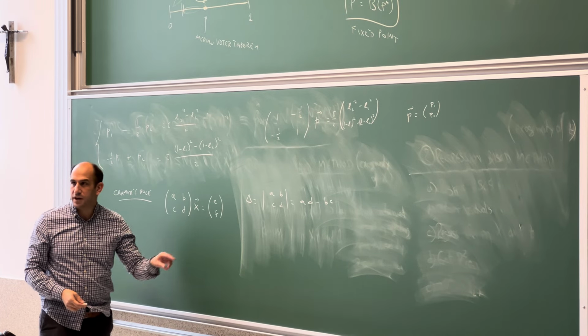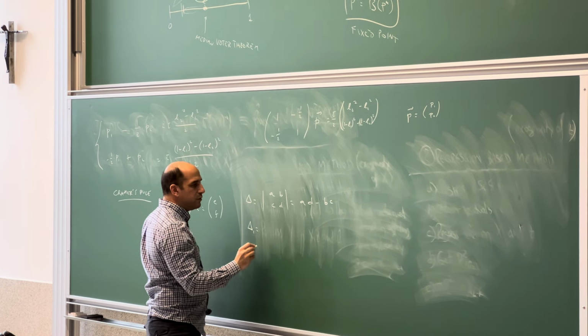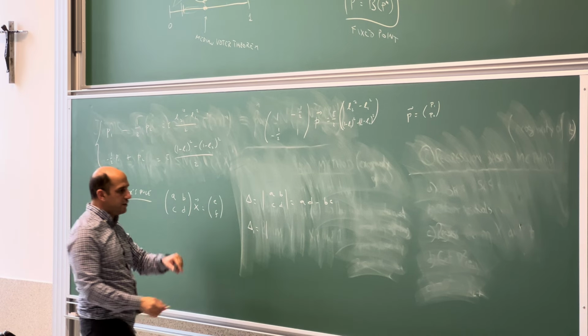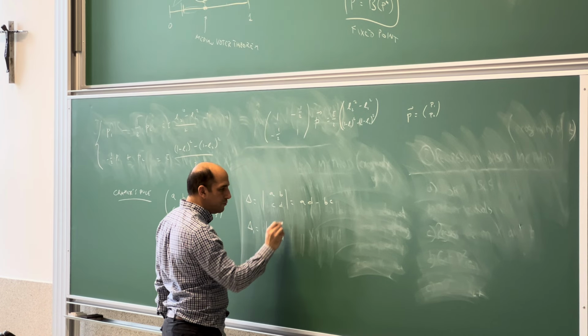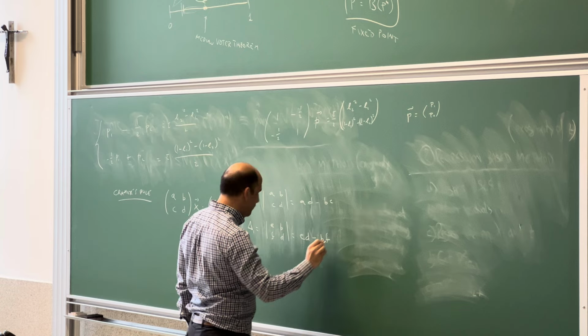And that's going to be the denominator. Delta 1 is the determinant substituting the first column with E and F, so the determinant of E, F, B, D, which is ED minus BF.